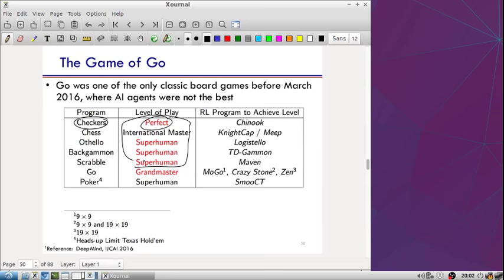But there are programs based on reinforcement learning that can also achieve a very good level, better than an average player. And Go was the only game where the level of play by an artificial agent was quite at the amateur level, not even at the professional level.